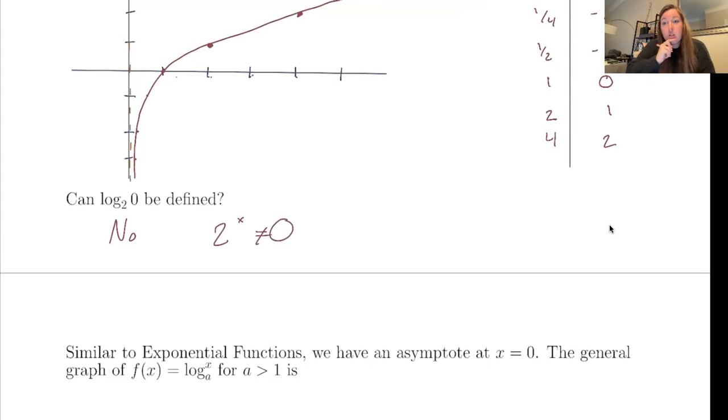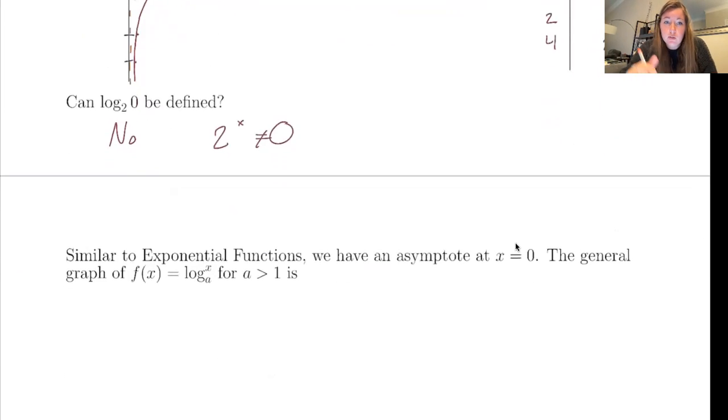It can get really close to 0, like 2 to the -1 million. It's going to be like 0.0000 something, some numbers, though, it's not going to equal 0. It's just going to get really close.